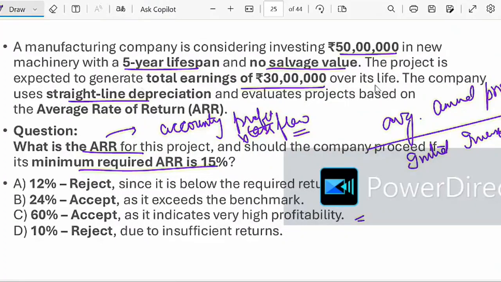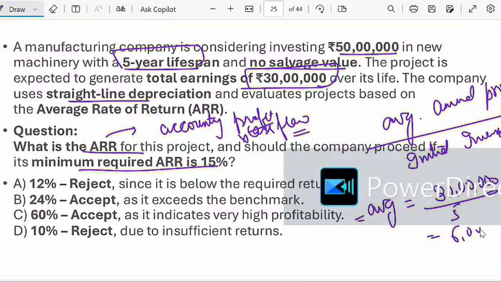So first thing, average annual profit. Total earning is how much? 30 lakh. So the average annual profit is nothing but 30 lakh divided by how many years? 5 years. So that is how much? 6 lakh. So 6 lakh is your average annual profit, right?